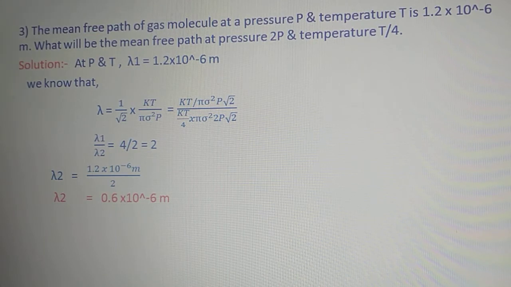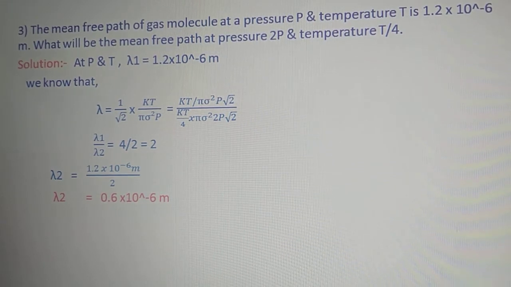So lambda equal to 1 upon root 2 into kT by pi sigma square P, right? Then you can write the same formula for two mean free paths, lambda 1 and lambda 2.